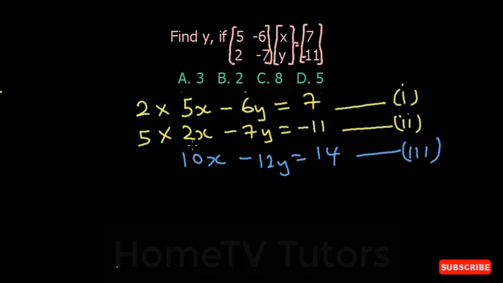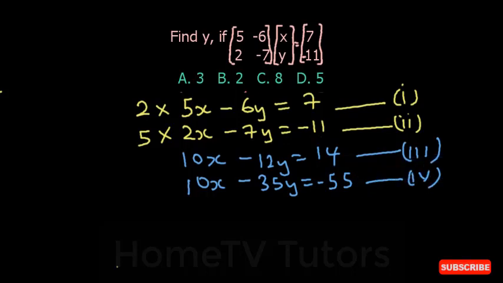Then 5 times 2x will give us 10x, minus 5 times 7y, which will give us 35y, which is equal to 5 times minus 11, which will give us minus 55, and let this be equation 4. Now let's subtract equation 4 from equation 3.